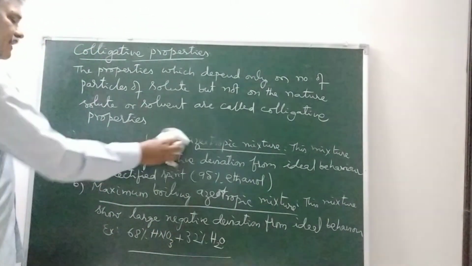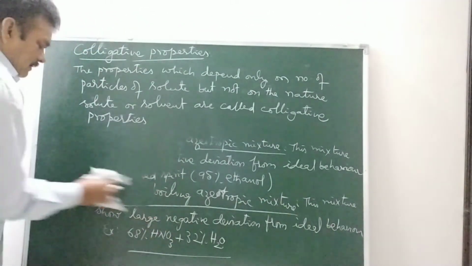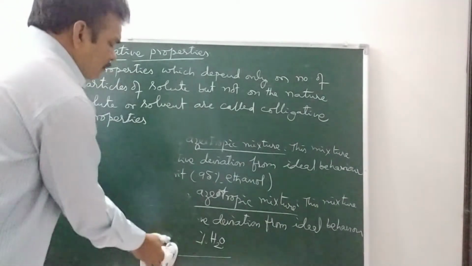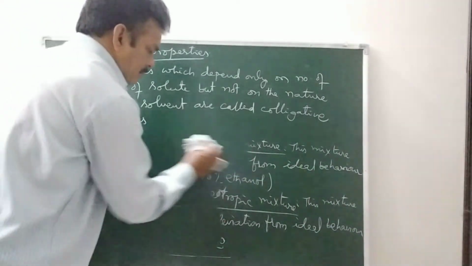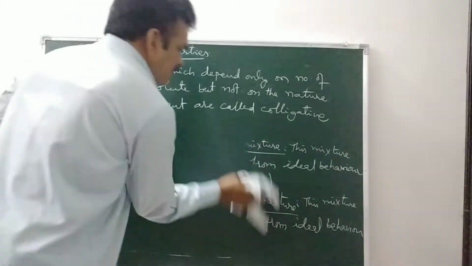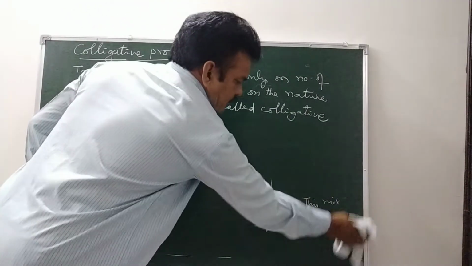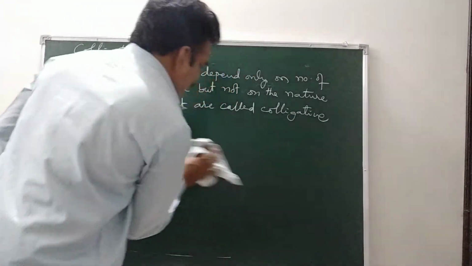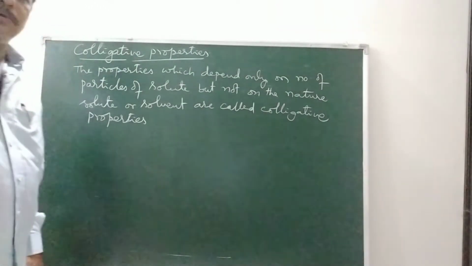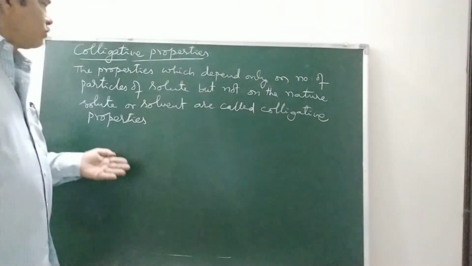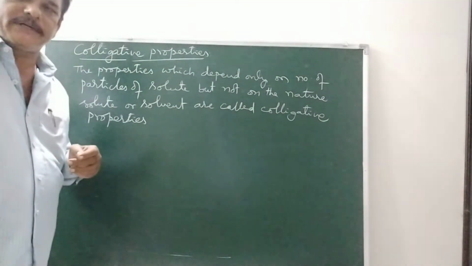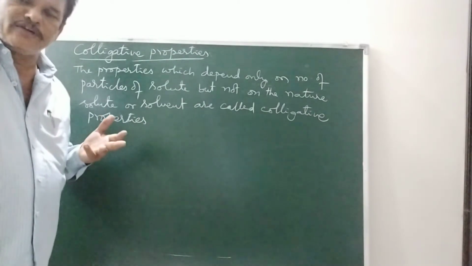What are the colligative properties? Relative lowering of vapor pressure, elevation in boiling point, depression in freezing point, and osmotic pressure. These four properties are called colligative properties.